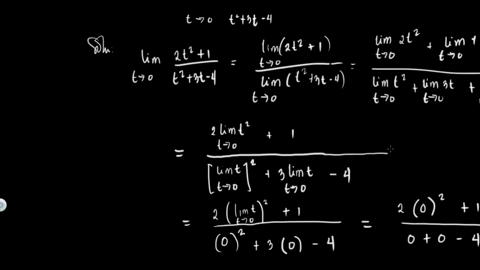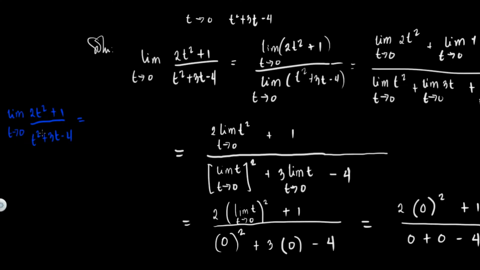Okay. So here, this one, the limit of 2t squared plus 1 all over t squared plus 3t minus 4, okay, ulitin natin, yung over t squared plus 3t minus 4 as t approaches 0.